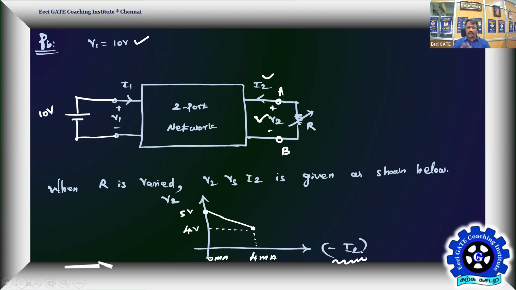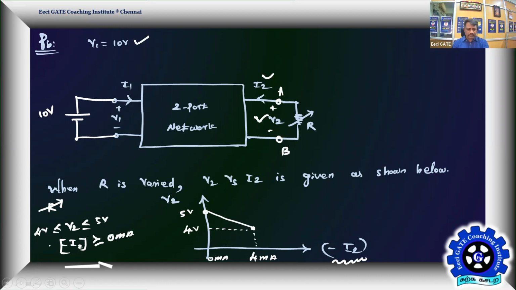The problem is this: when R is varied, this is how V2 and I2 vary. V2 varies from 4 volt to 5 volt as we vary R. As current increases, the voltage falls. For minus I2, when it is 5 volt, it is 0 milliamps.